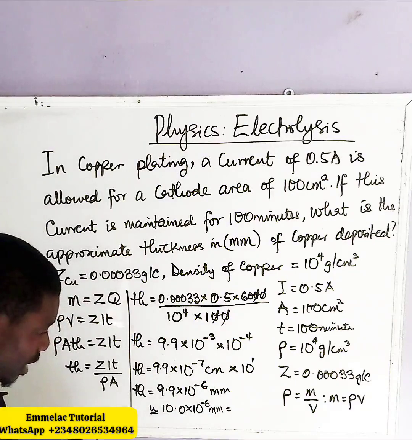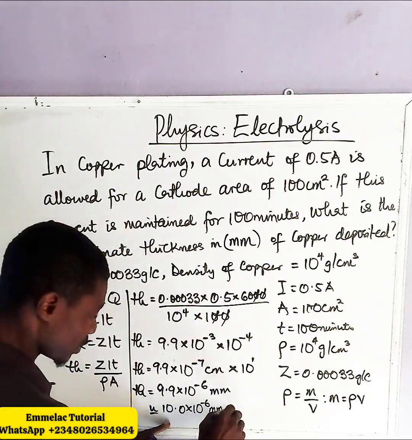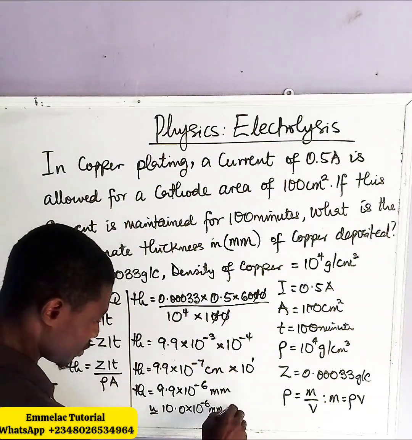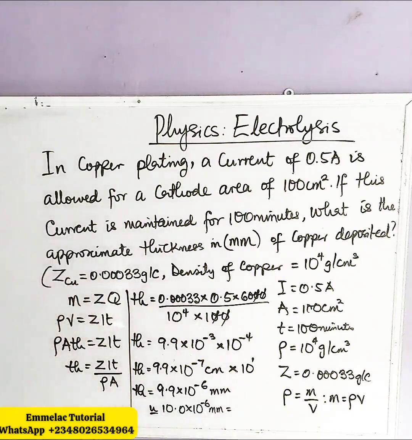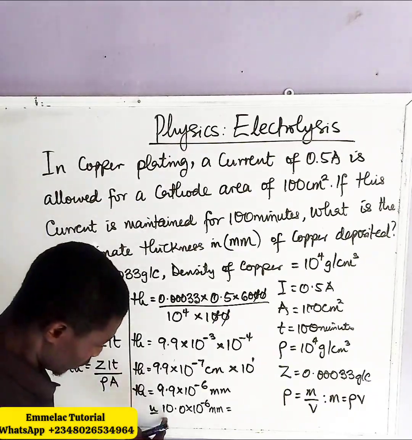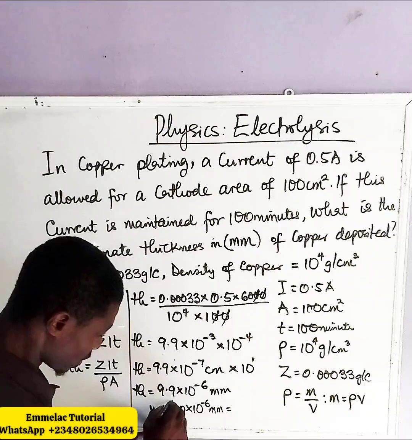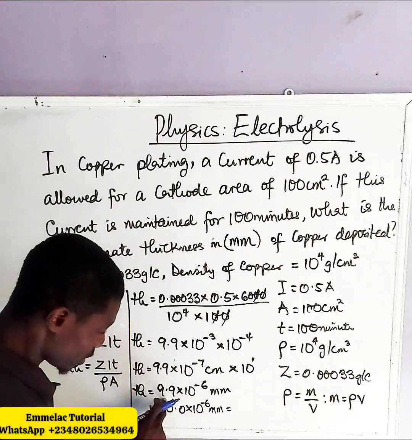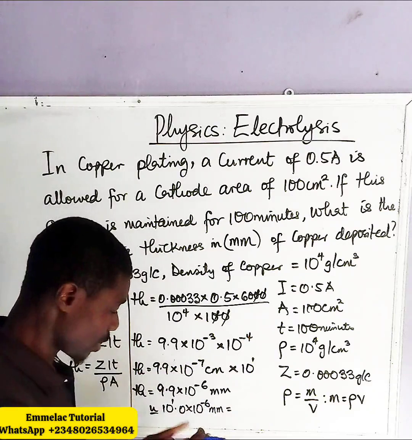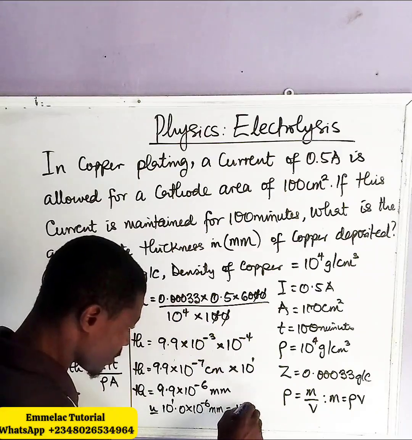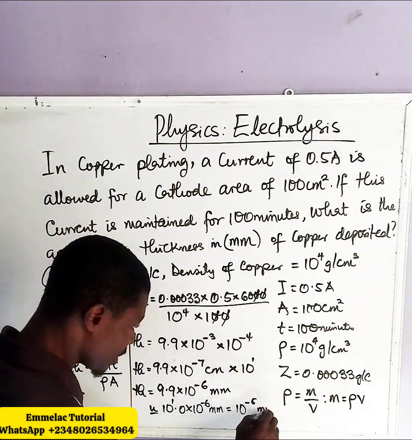Now this gives 1 times 10 to the power of 1, so 1 minus 1 plus minus 8 gives us minus 5. So that will give us 10 raised to the power of minus 5 millimeter approximately.